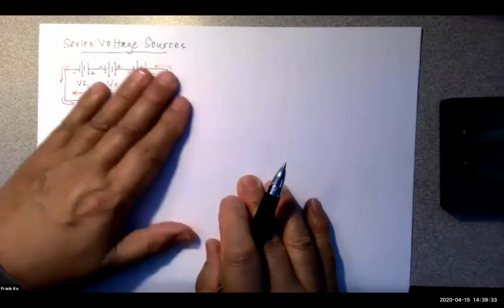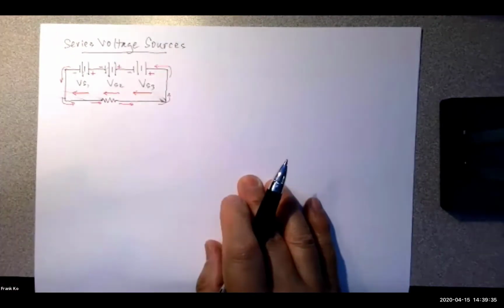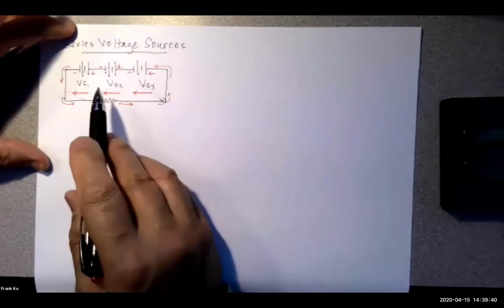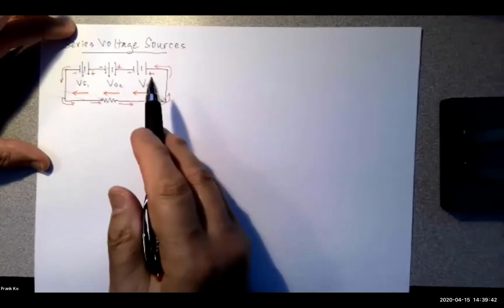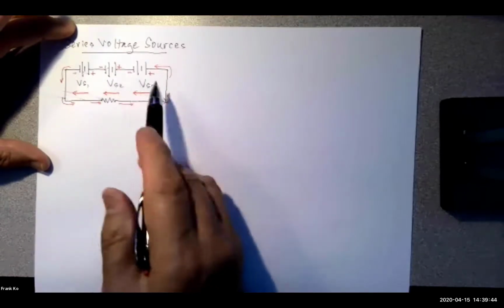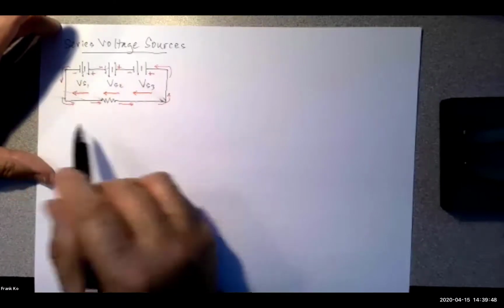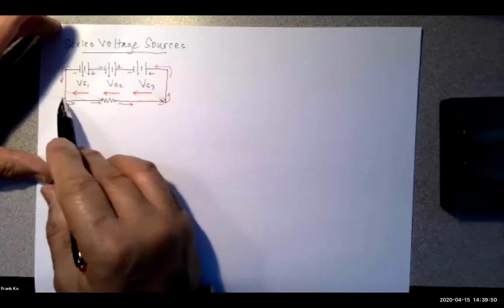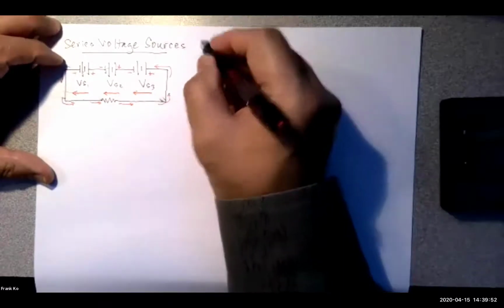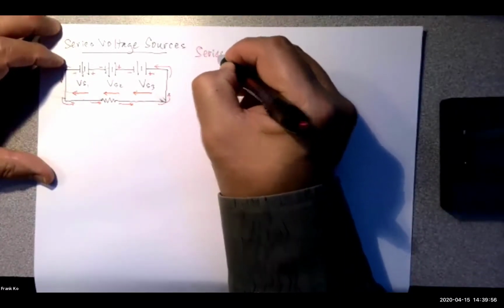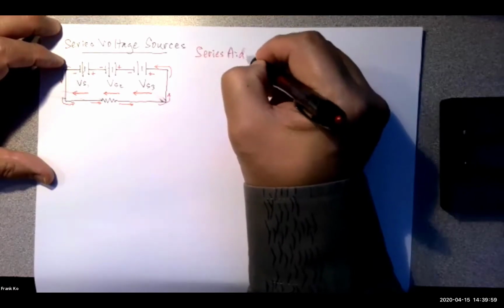So in this particular arrangement, each one of these voltage sources contributes current moving to the left, because the electron current leaves the negative plate of the source. If all of these are moving current in the same direction, we have a situation known as series aiding.